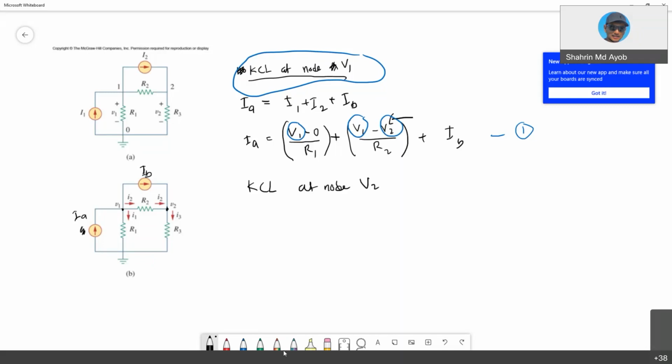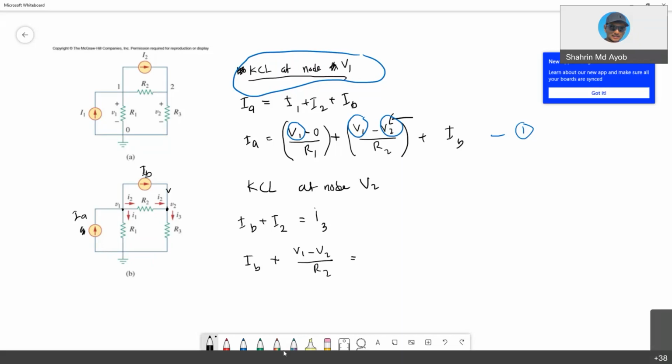For node V2 here, we can see that there are two currents going into the node, IB and I2, and only one current going out, which is I3. You need to rewrite this equation in terms of node voltage. IB is a current source, so let it be just a value. I2 you need to change: I2 comes from here, meaning V1 minus V2 over R2, equal to I3.